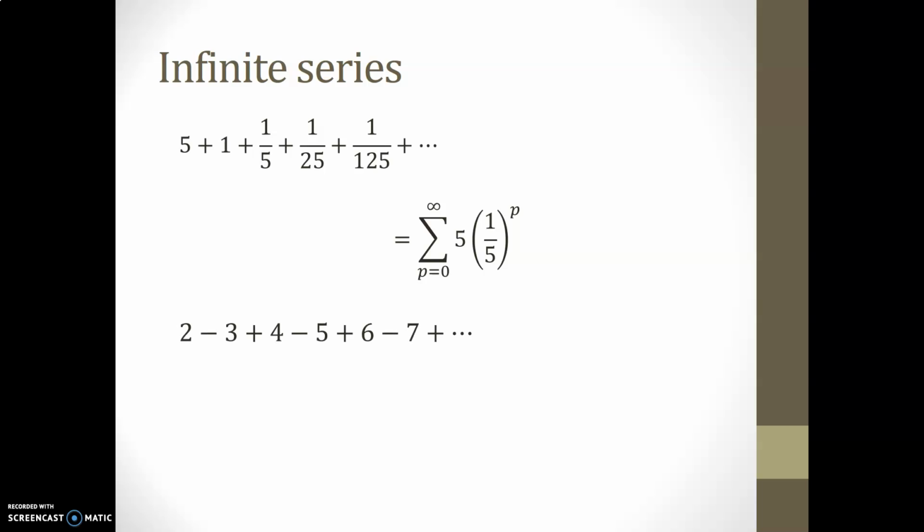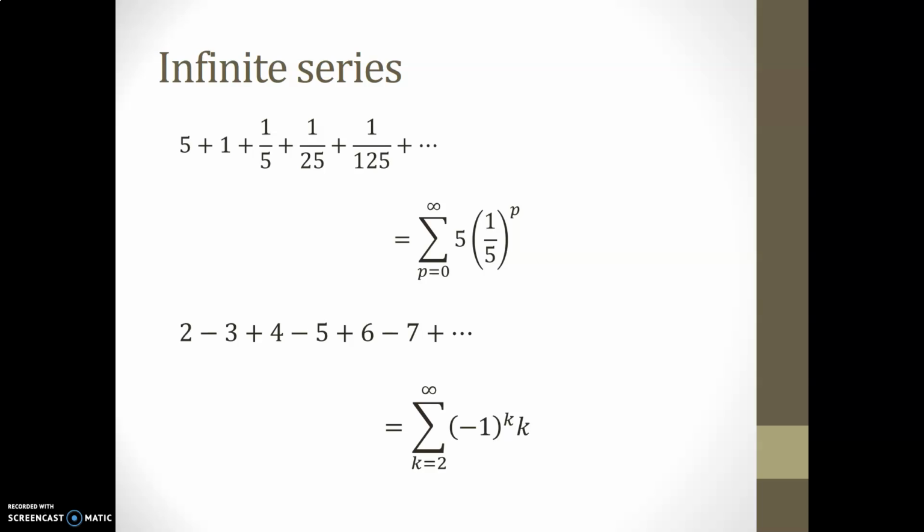In this example, 2 minus 3 plus 4 minus 5 plus 6 minus 7, clearly there's a pattern here. Every term is growing in size by 1, but is also alternating. So we could represent this series by saying that we start counting from k equals 2, and then 3, and then 4, and (-1) to the power k would guarantee the alternation in sign of the terms.